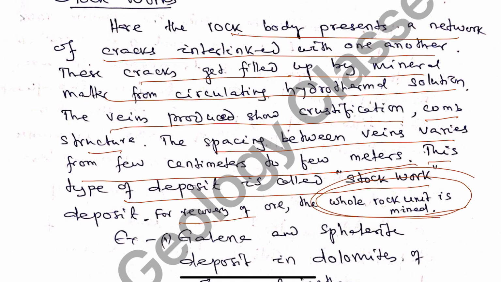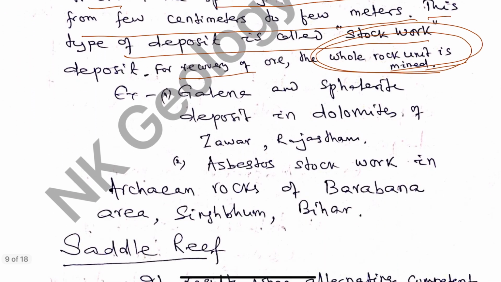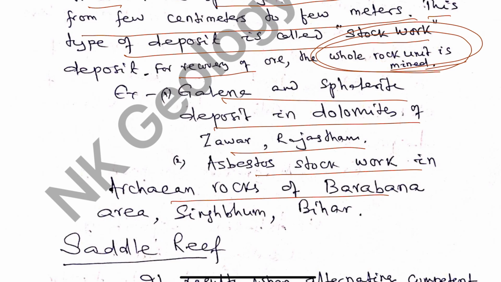That's why the whole unit is being mined in order to recover the ore. Example, kaolin and sphalerite deposit in dolomites of Jawar, Rajasthan, asbestos stockwork in Archean rocks of Barabana area, Singhbhum, Bihar.